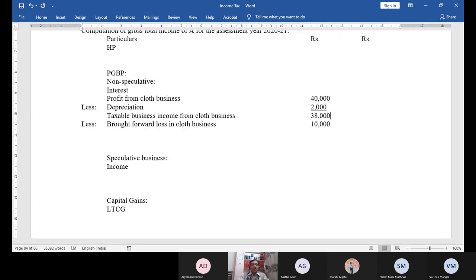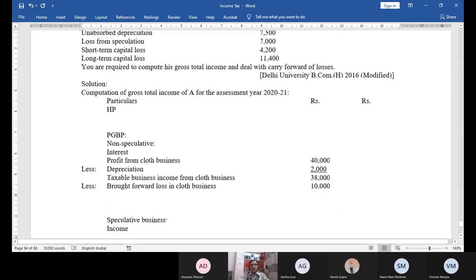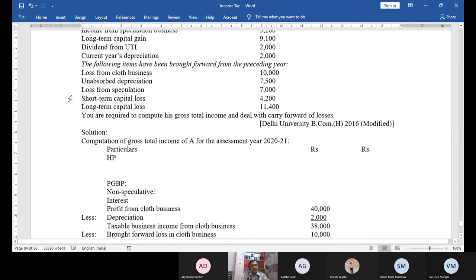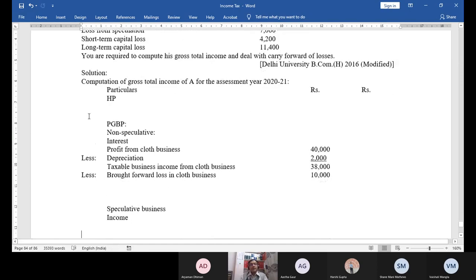Then unabsorbed depreciation. Depreciation is also in the PGBP, so deduct it. Unabsorbed depreciation is also a loss.